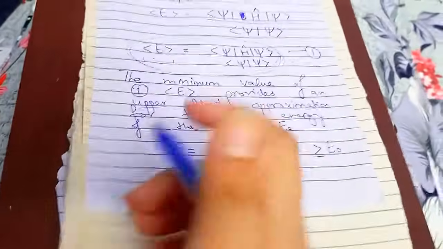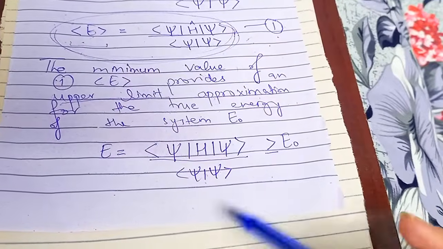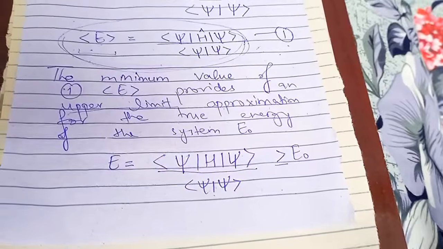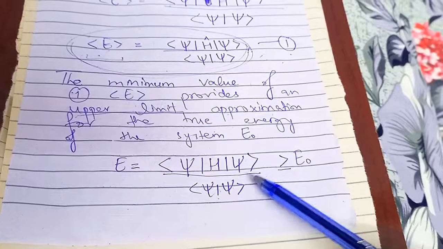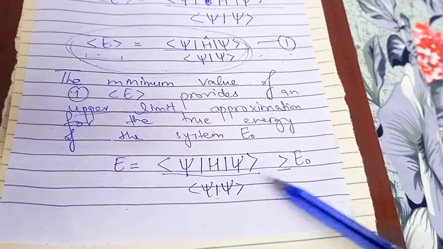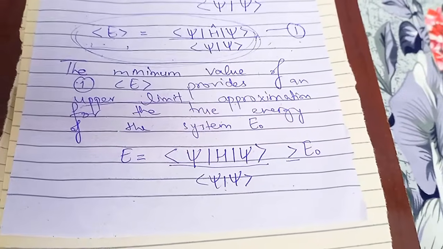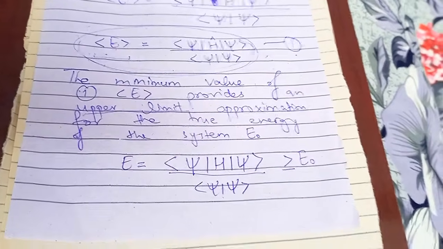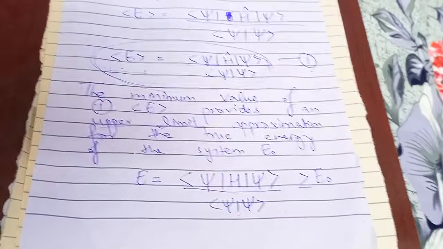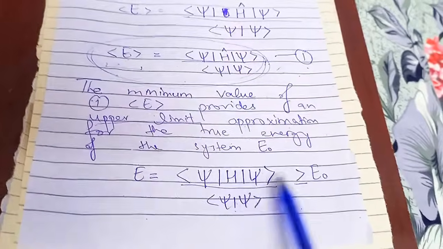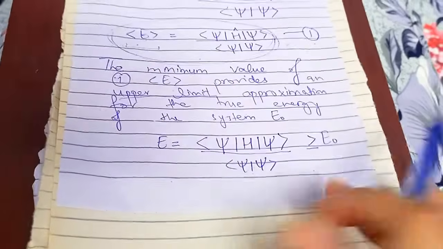And you must be asking when it will be equal to E naught, because we want it to be equal to E naught as we are interested in the true energy value. It will happen when the psi you have chosen, the trial function that you have guessed, is the true eigenfunction of the system. So it all depends upon the psi you guessed in the first place. The better the guess you make, the closer you will get to the original value of energy.